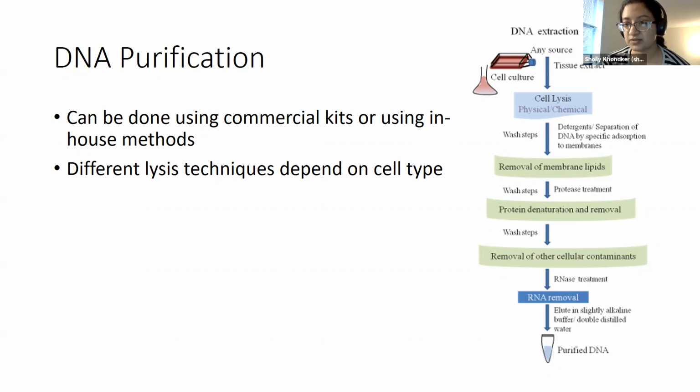Then the cell lysate generally undergoes multiple wash steps to remove the membrane lipids, to break down the proteins with a protease, and then remove RNA using an RNase, which breaks down the RNA. And then the DNA is either eluted through a filter column, or it's separated from the rest of the cell components using phase separation.